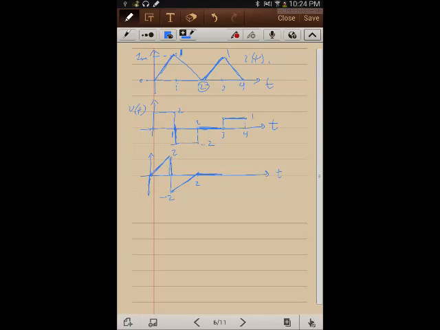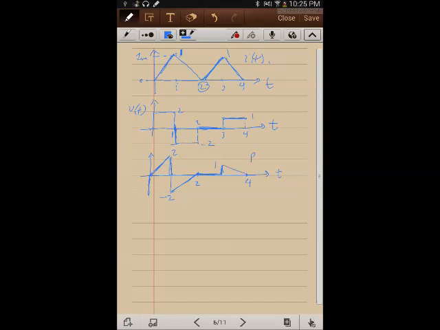So at 3, it's 1 multiplied by 1, it's 1. And then it will decrease until time equal to 4 to 0.